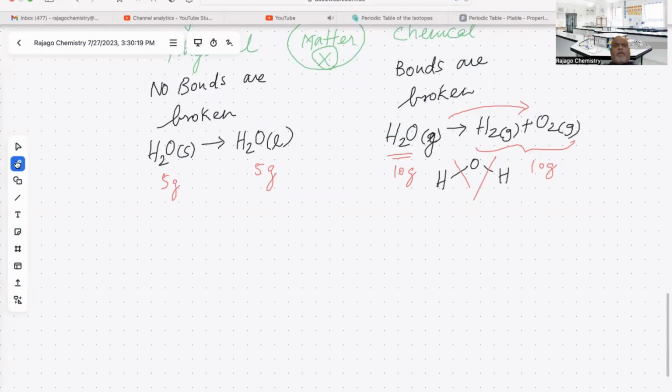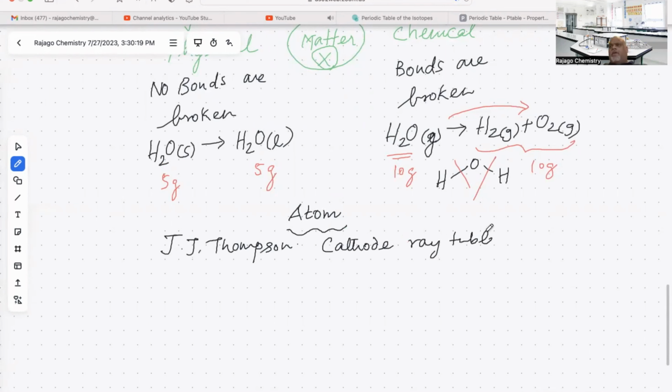But the main theory still remained about what is an atom. How does an atom look like? So first, J.J. Thomson started his research using a cathode ray tube, which looks like an old television tube.